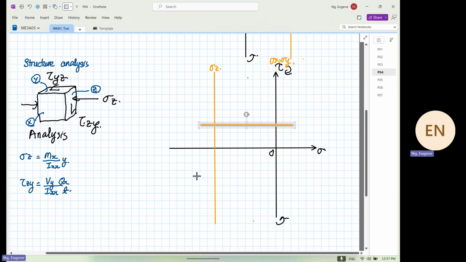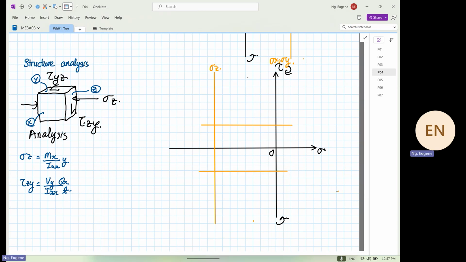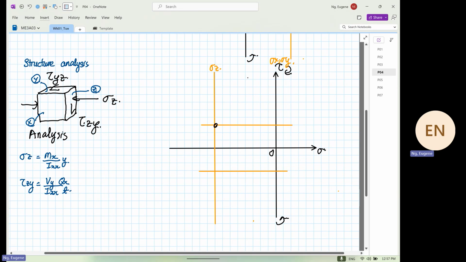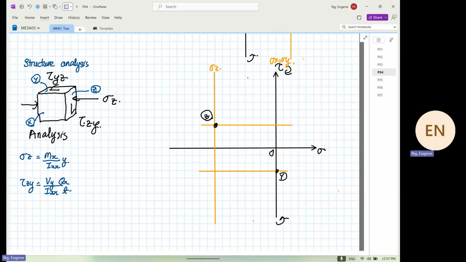I'll teach you all later on. Stress X element will rotate clockwise. Don't worry about this. This is your point Z. Over here will be your point Y. And over here will be your point X. Point X is exactly at 0, because you have 0.